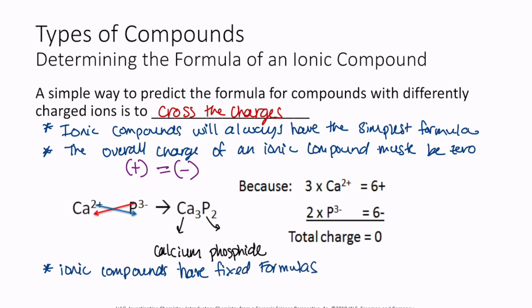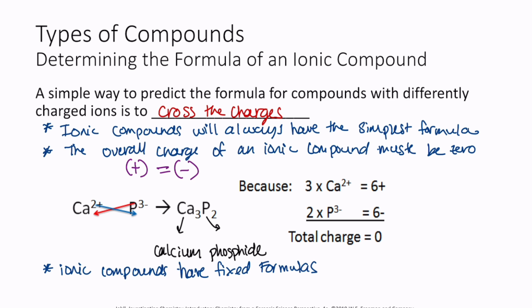Because they're held together by the positive, negative, attractive forces, and because it needs to be a charge neutral compound, there's only one way that calcium and phosphorus can come together. They can only come as Ca3P2. So since there's only one way, I don't have to show how many of each atom are present or how many of each ion are present.